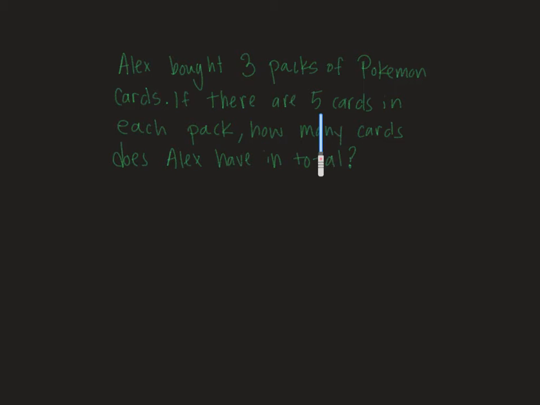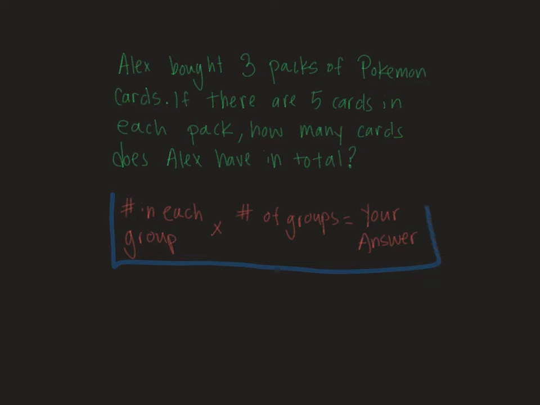In this next example, Alex bought 3 packs of Pokemon cards. If there are 5 cards in each pack, how many cards does Alex have in total? Using this same equation, we could plug in what we have in our word problem. So if there are 3 packs of Pokemon cards, that would mean that there are 3 groups, because that will represent our number of groups.